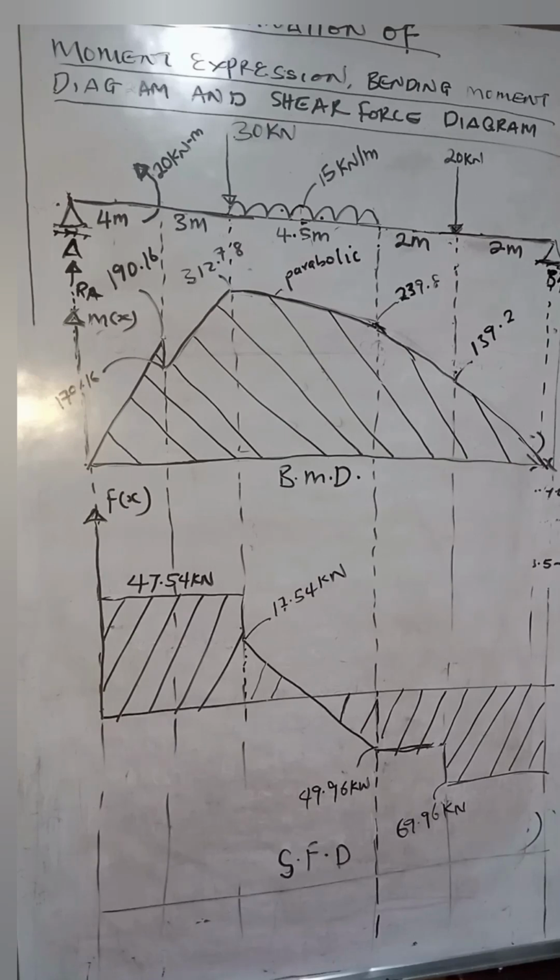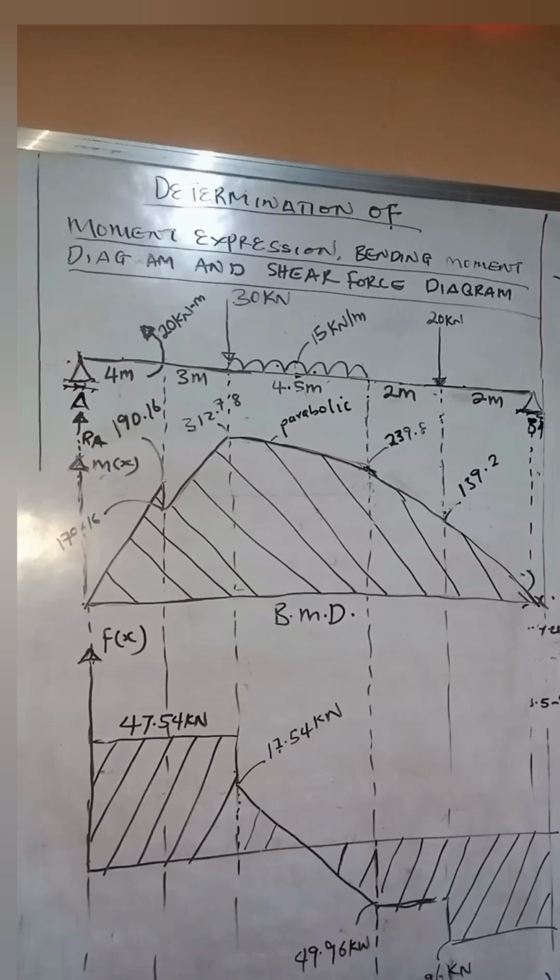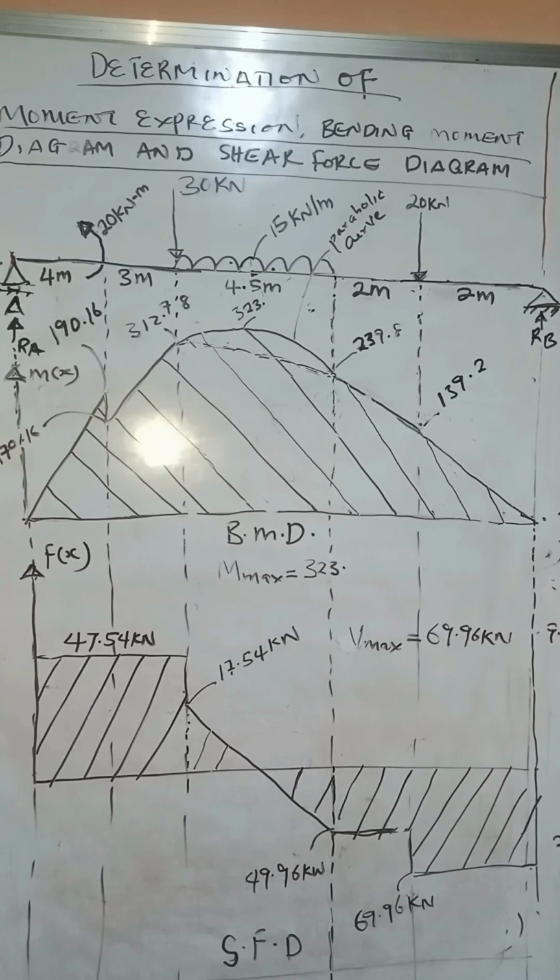Remember, where the UDL is, there is a parabolic curve, so it can't be like that, because between 7 to 11.5 there should be a parabolic curve. So we are going to differentiate the moment expression between 7 to 11.5.